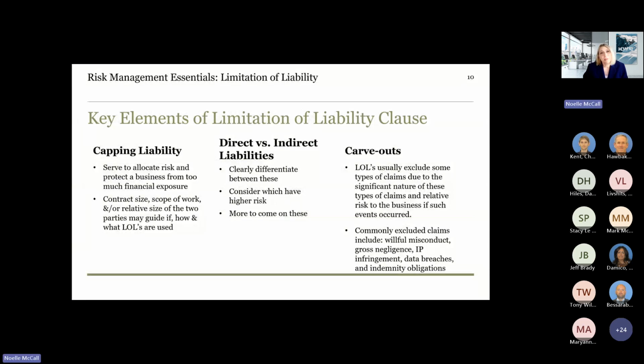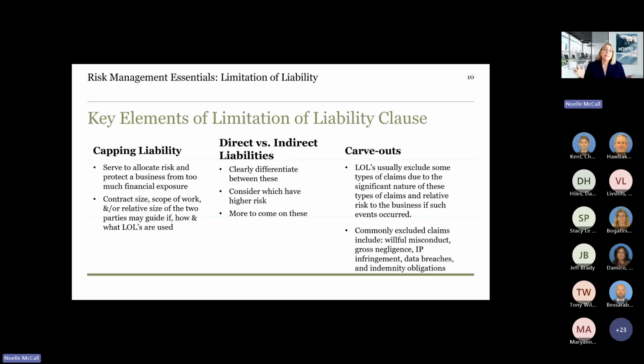Here are some key elements of limitation of liability clauses. They serve to cap the liability, so they allocate the risk to protect a business from too much financial exposure or potentially unlimited financial exposure. So contract size, scope of work, and or relative size of the two parties to a contract may guide if, how, and what type of limitation of liability clauses are used.